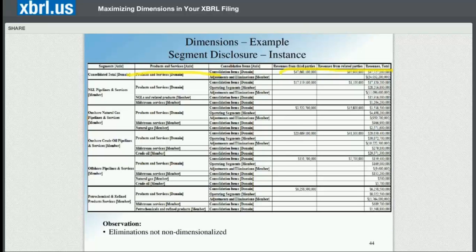Again, eliminations are negative inputs. That's not a negated label. That's not anything to do with dimension. The fact is that when you intersect a value with an elimination member, it's got to be a negative input because eliminations are inherently negative, which is why we don't use non-negative or positive element data types in the US GAAP taxonomy.